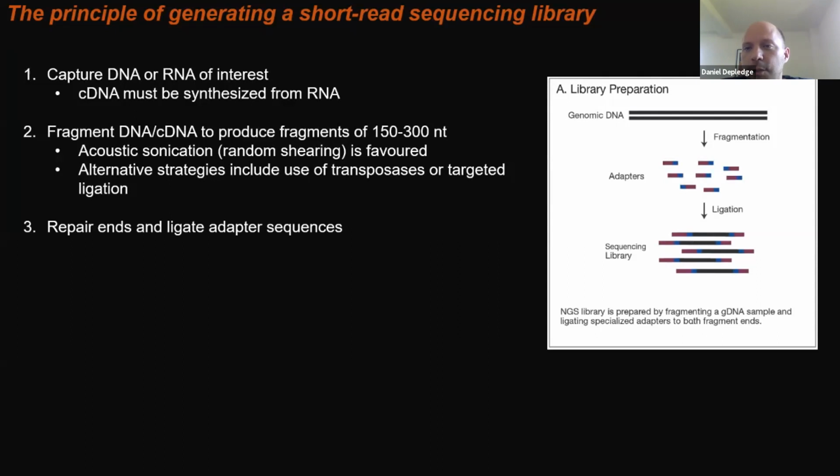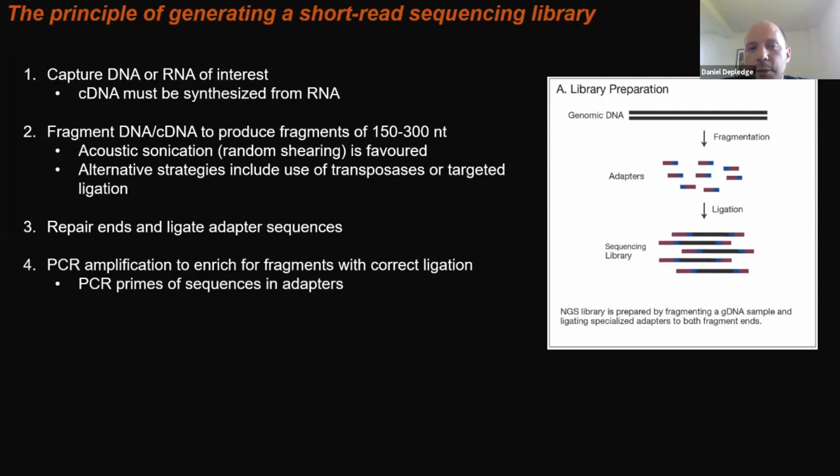Once you've fragmented your DNA or cDNA of interest, you then need to do some basic end repair to prevent degradation, and then you will ligate adapters onto the end of it. And these adapters are absolutely crucial for the sequencing reaction, as you will see from a video I'll show you shortly.